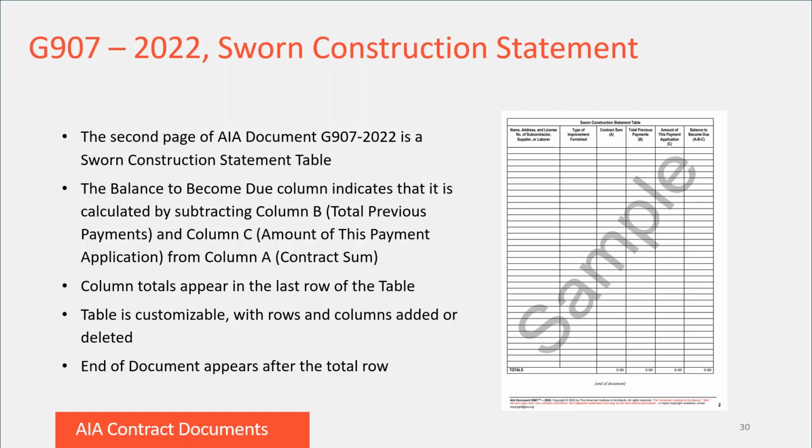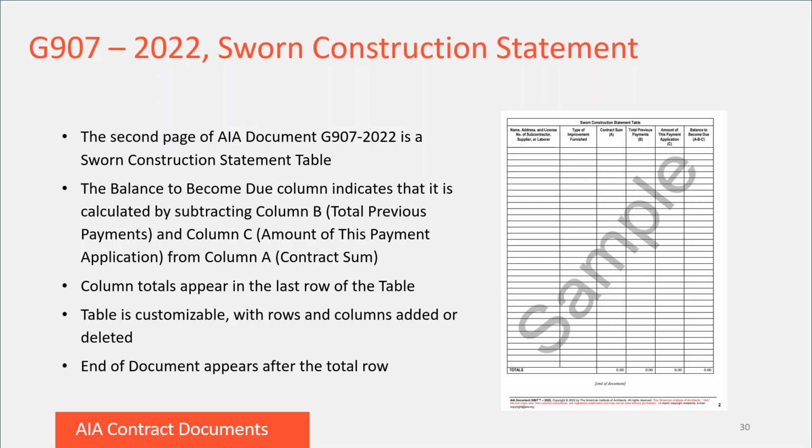The table indicates that the final column, the balance to become due column, is calculated by subtracting columns B and C, which are total previous payments and amount requested under the payment application, from column A, which is the contract sum. Column totals are also contained in the last row of the table.